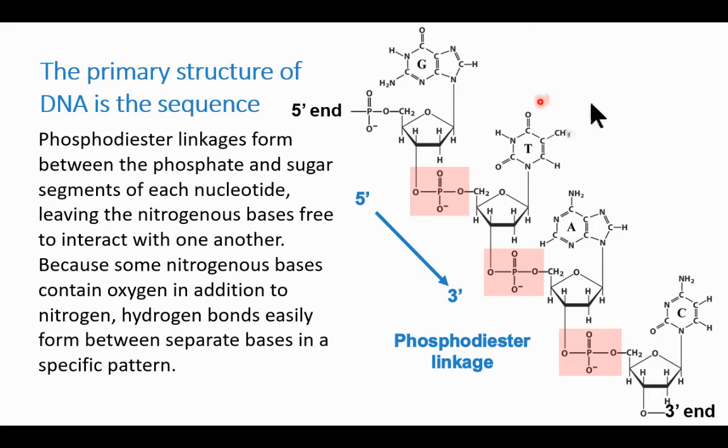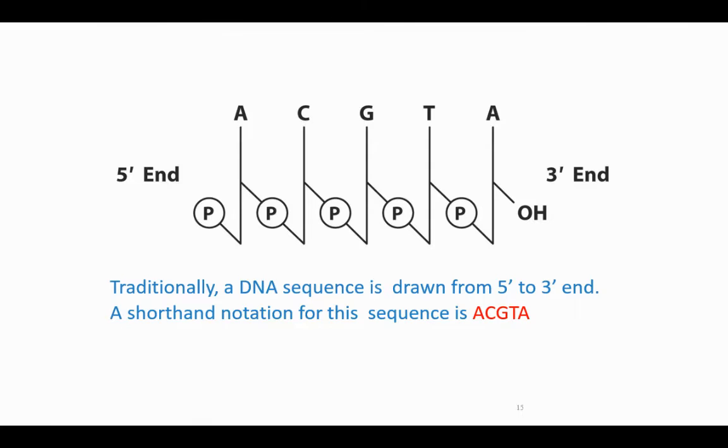So this creates the different nitrogenous base sequences. Here is another structure showing the sequence drawn from the 5 prime to 3 prime end. This is a shorthand notation of the sequence, which is ACGTA.